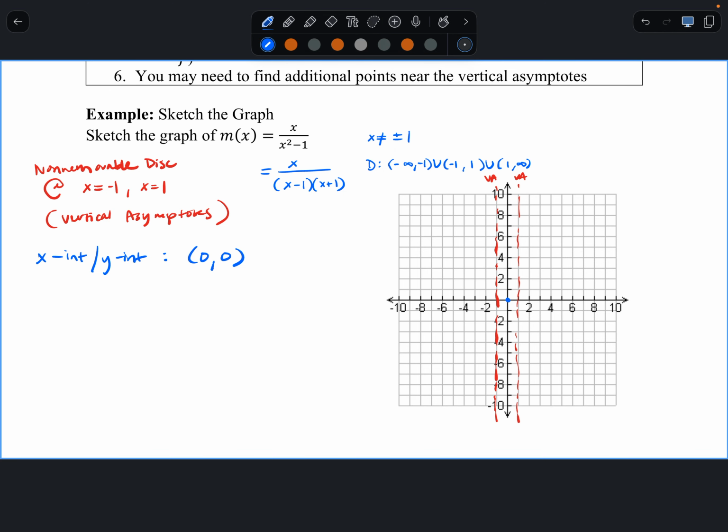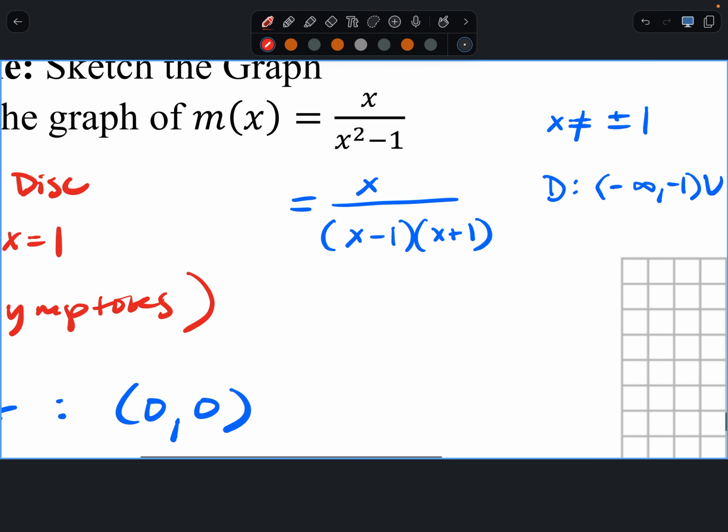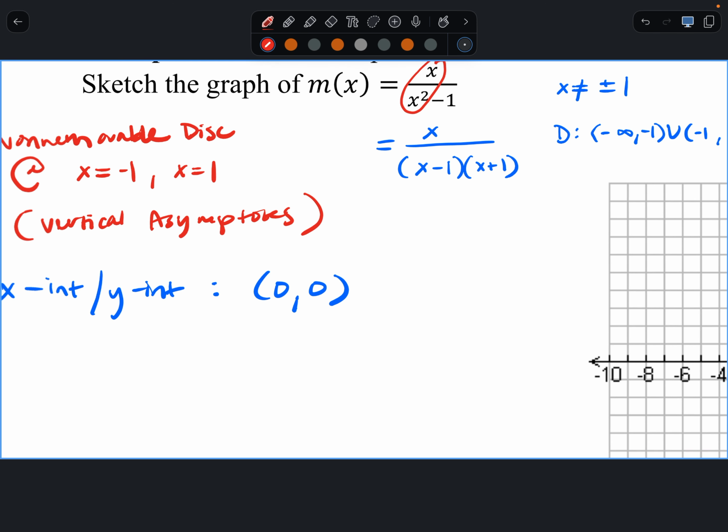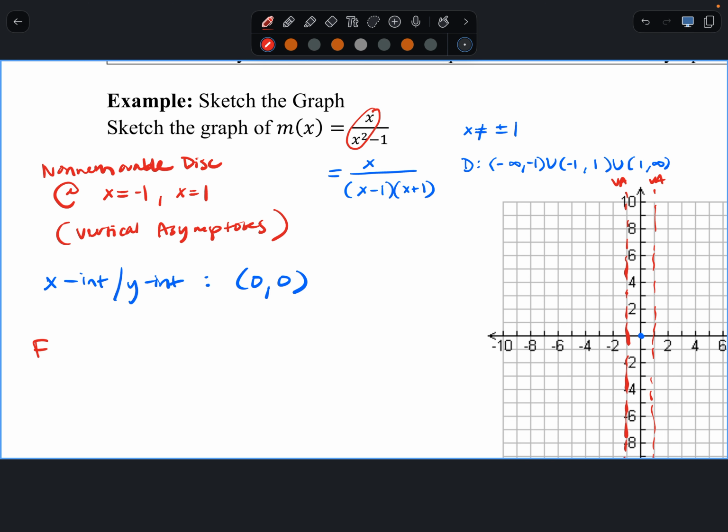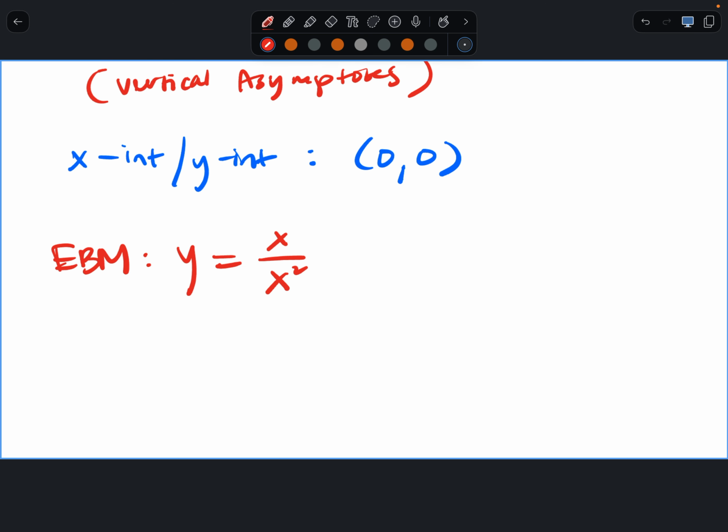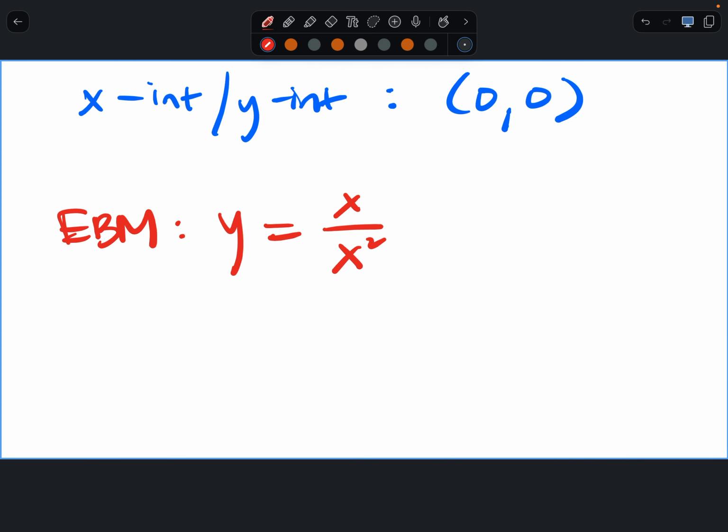No, to the left of positive 1, it's going down towards negative infinity. When you're approaching from the left, which is this side, you're going down. But would the other one be to the right of negative 1? Yes. And if you did test values, you'd get a positive value.